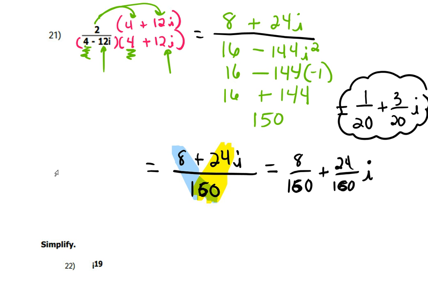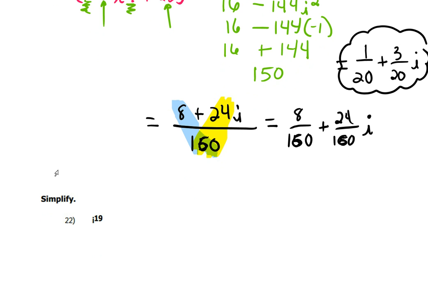And then we've got this one down here, which says simplify i to the 19th power. There's more than one way to do it, but the way I did it in class, I just divided by 4, because remember the pattern repeats.